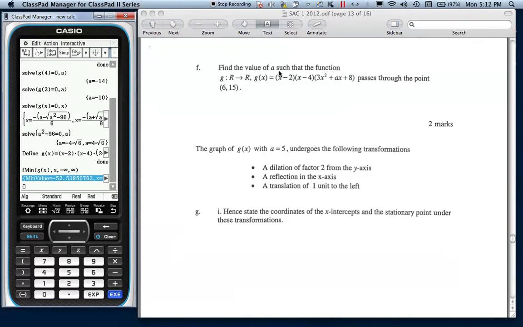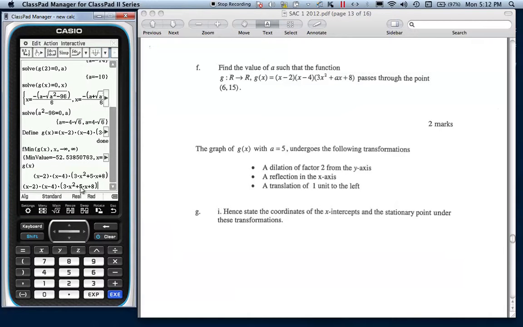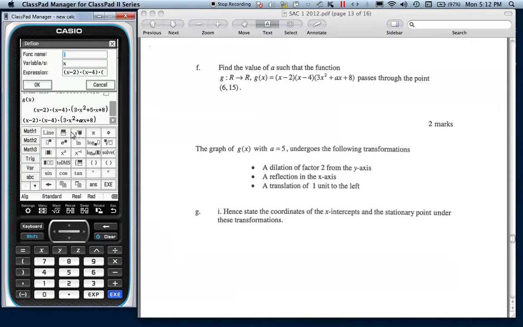We now want to find out the value of a such that this function here passes through the point (6, 15). So I'm going to once again use this part of the function, or I can just type in g of x. I want to use that again, but this time I don't want a 5, just want an a, the variable a. And it doesn't matter that I've defined something else as g, because I'm not going to use it again.